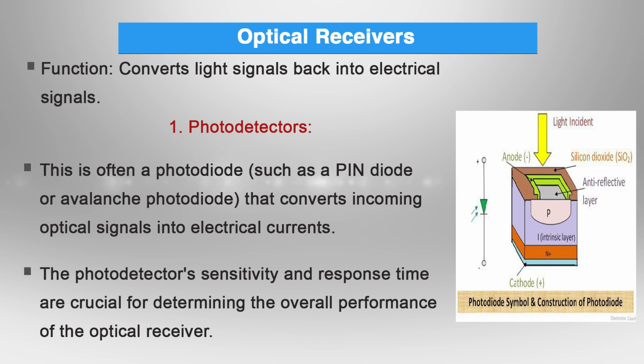Second type of photodetector is avalanche photodiode, a photodiode that operates with high reverse bias voltage leading to internal gain through impact ionization. It provides higher sensitivity and is used in applications requiring detection of weak signals.